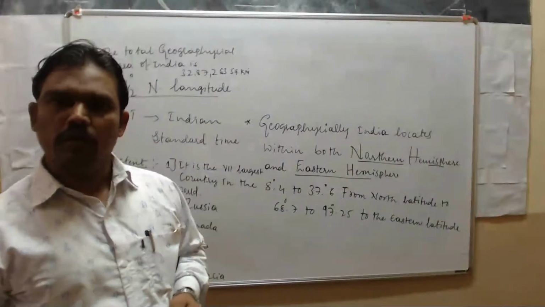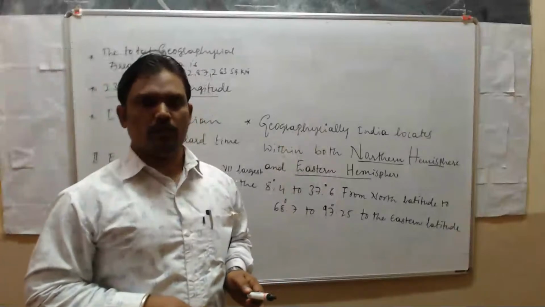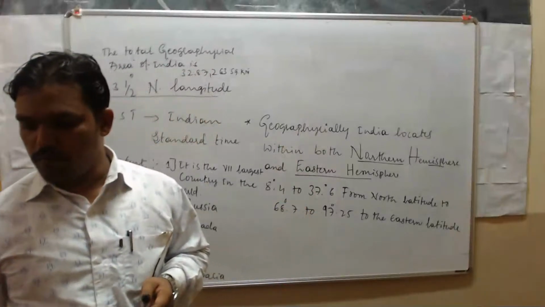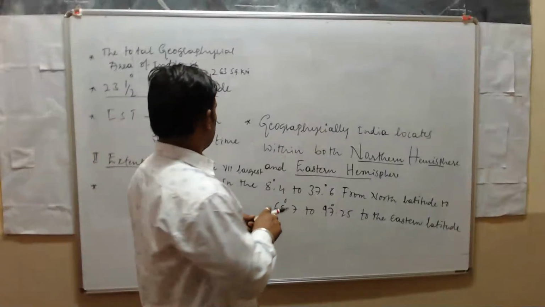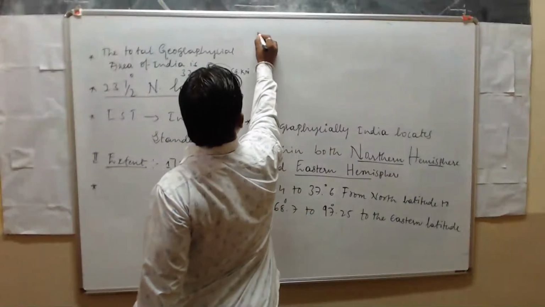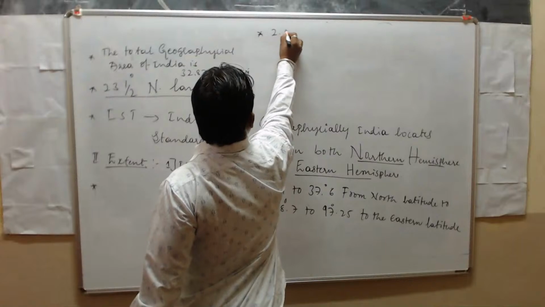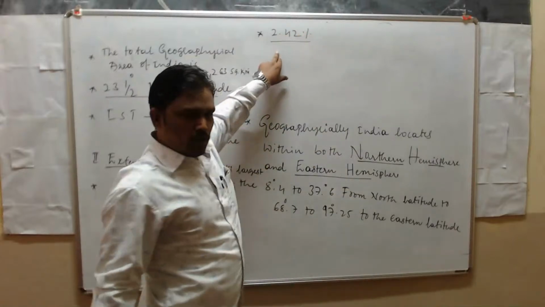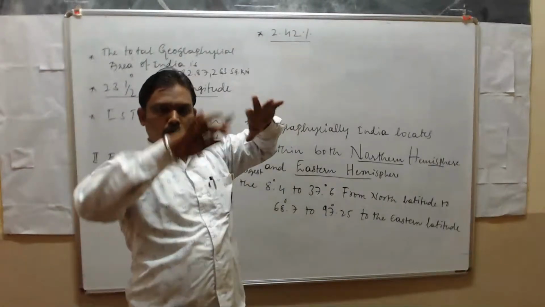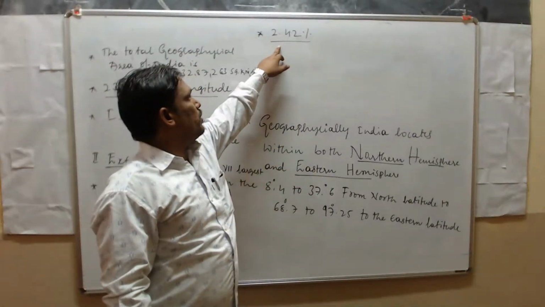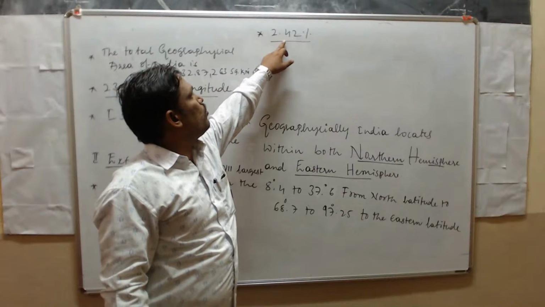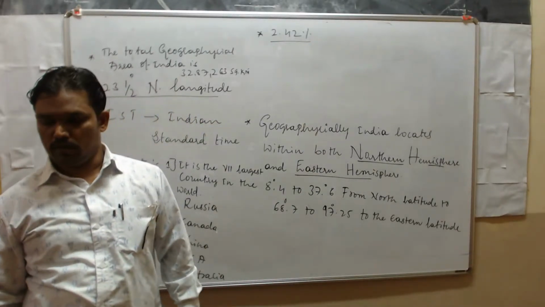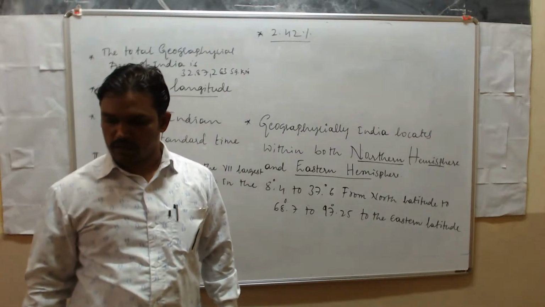Before that, in the world geography, how much area is covered by our India? Only 2.42%. In the world geography, our India covered only 2.42%. Okay.